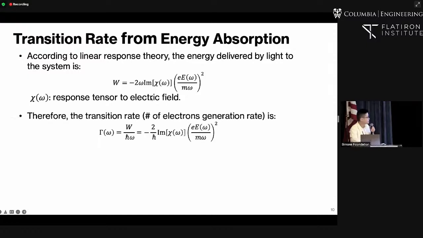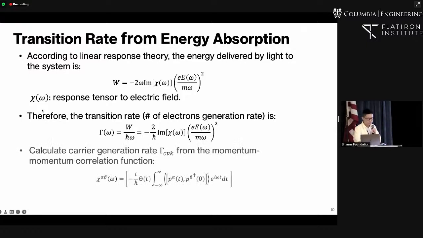And then if we assume that each absorbed photon can be converted into an electron-hole pair, then we can get the carrier generation rate by simply dividing the absorbed energy by the photon energy. And still within the framework of linear response theory, we know from the Kubo formula that the susceptibility tensor is basically proportional to the retarded momentum or current correlation function.